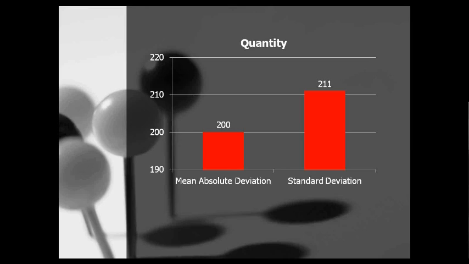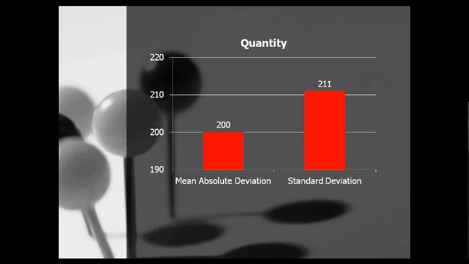But the basic characteristics of these two fall into how accurate they are. Standard deviation is more complex and it is more accurate. Mean absolute deviation is easier to calculate but isn't quite as accurate.